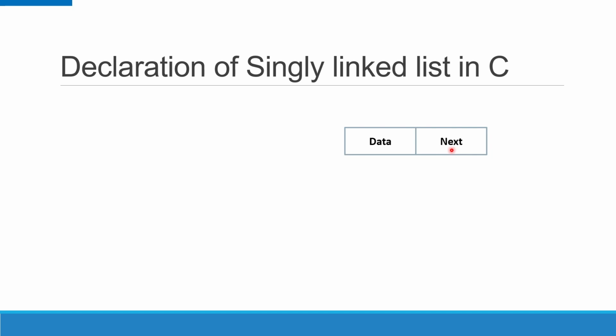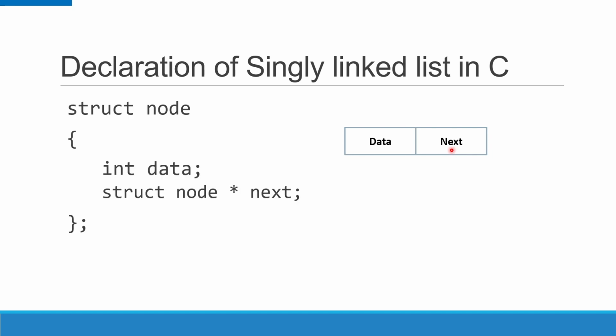We'll see the declaration part now. Here I'm going to use a structure. Why am I using a structure? Because my first field, the data field, is of integer data type and my second field is of pointer data type. These two are different data types.